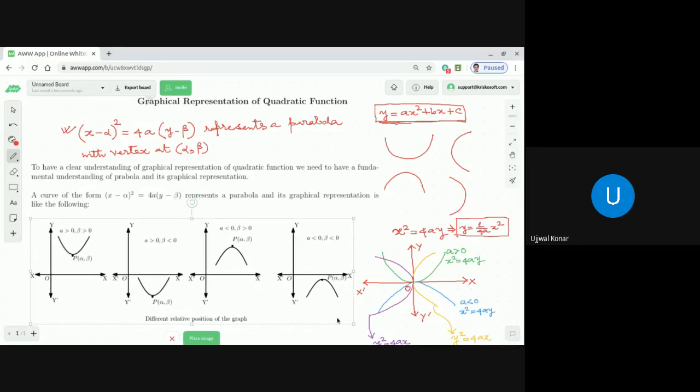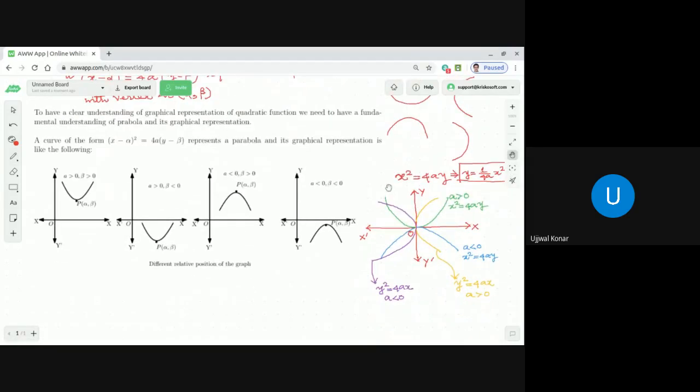I hope all of you are able to view it, dear students. So when we have x minus alpha whole square is equal to 4a into y minus beta, the vertex is at the point alpha comma beta. It is no longer at the origin. On the right-hand side, in the different color graph, I have drawn 4 different relative positions of the graph. All of them represent x minus alpha whole square is equal to 4a into y minus beta.